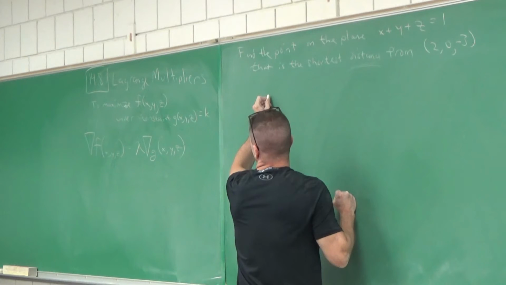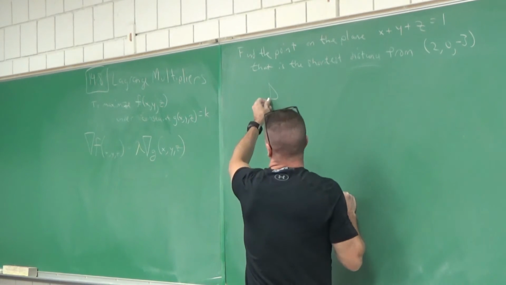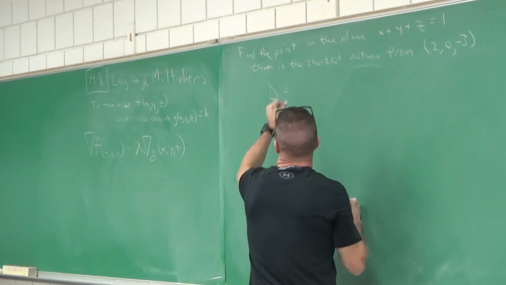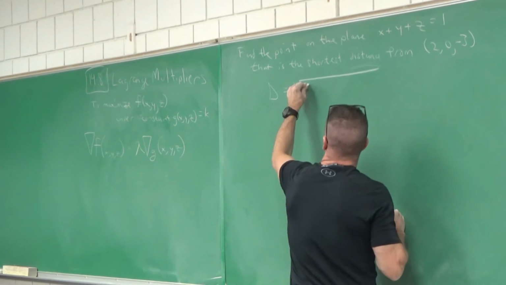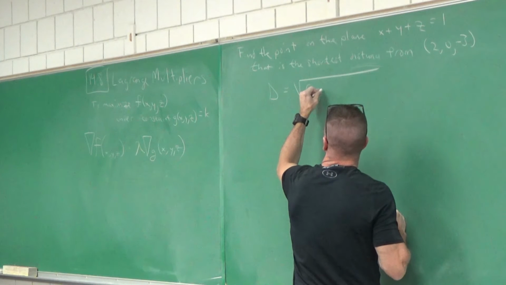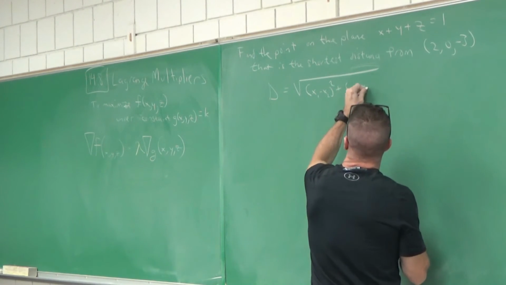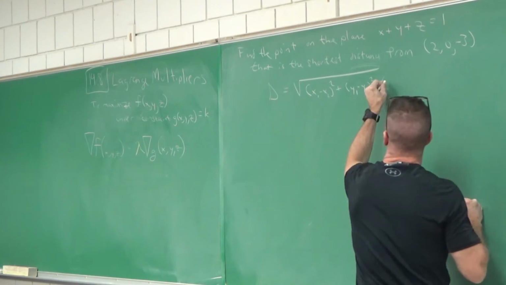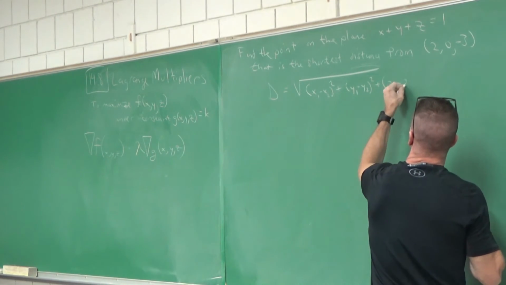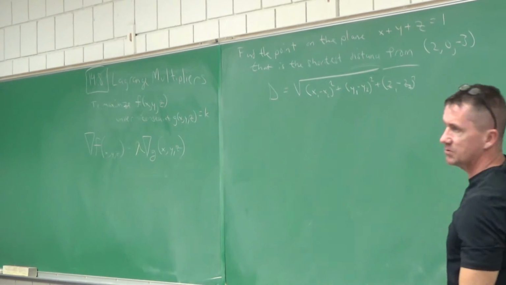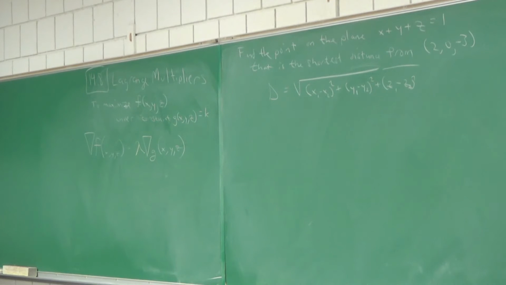We can call it d for distance, here's my f of x, y, and z. Distance equals the square root of x1 minus x2 squared plus y1 minus y2 squared plus z1 minus z2 squared. There we go. That's what we're trying to minimize, the shortest distance. What's the constraint though?